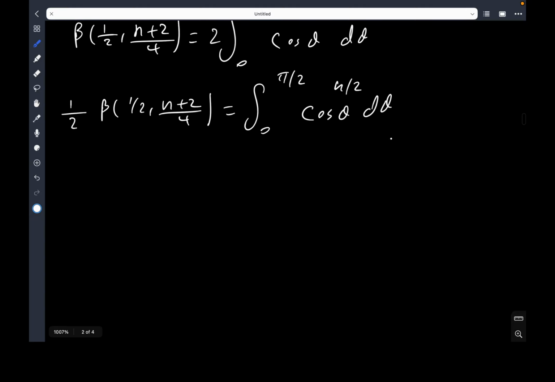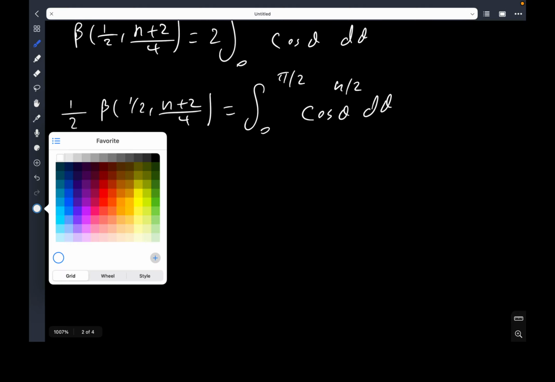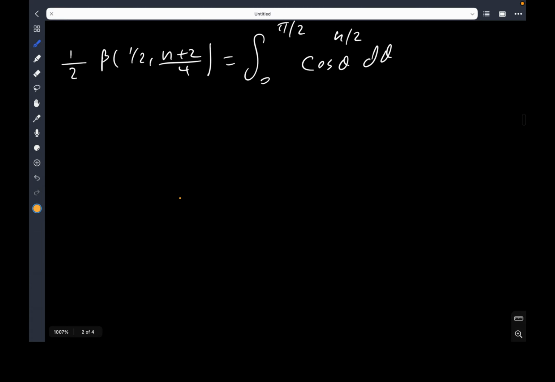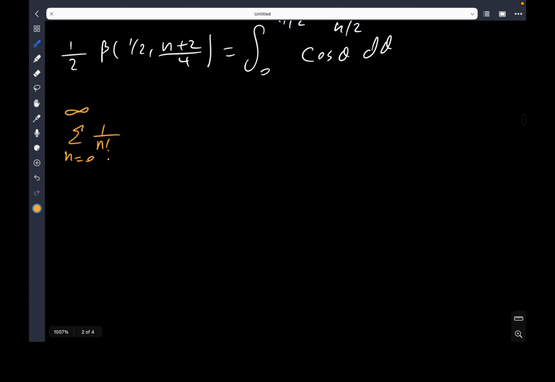And I'm going to multiply both sides by the infinite sum from 0 to infinity of 1 over n factorial.